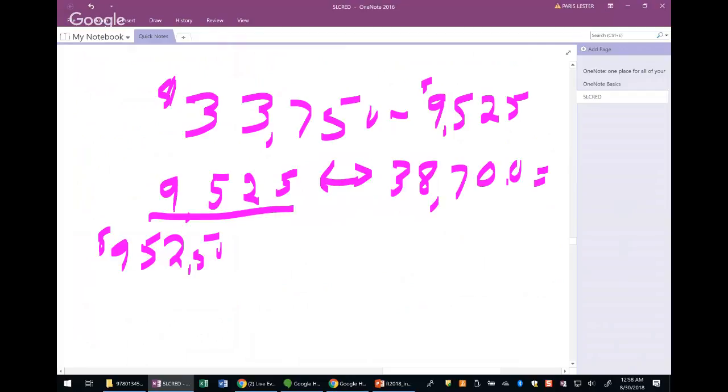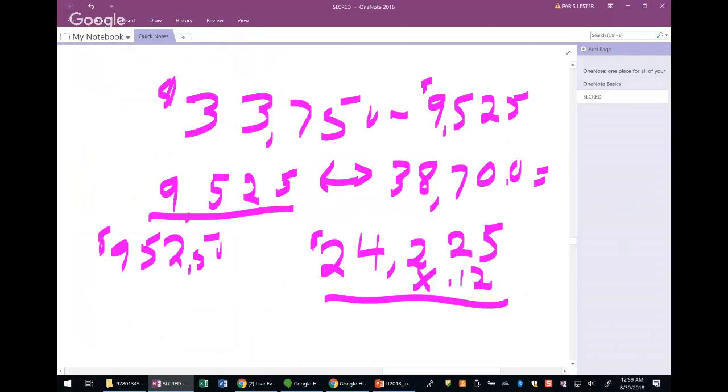That gives 24,225. Now they say the tax rate on that amount is what percent? 12%. Now multiply and get your taxes on that amount. 2,907.